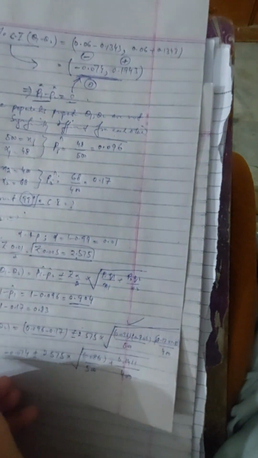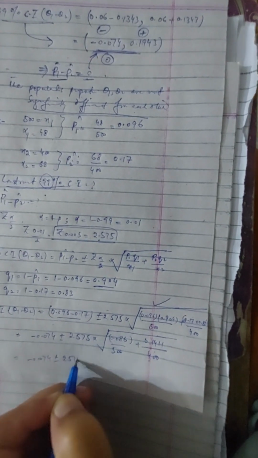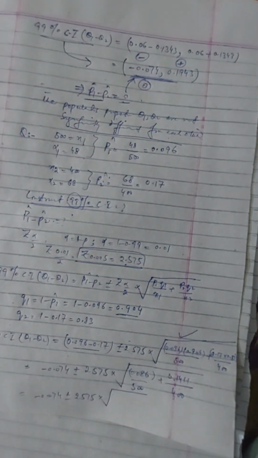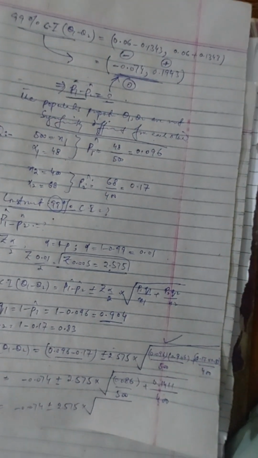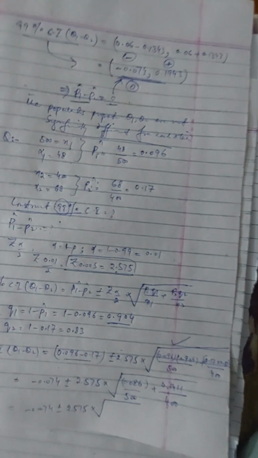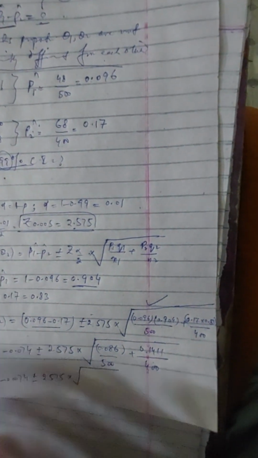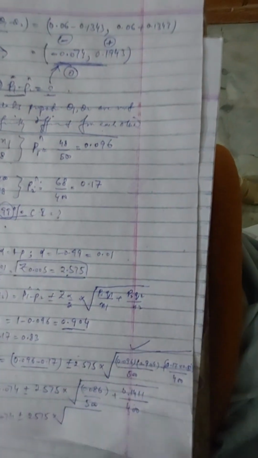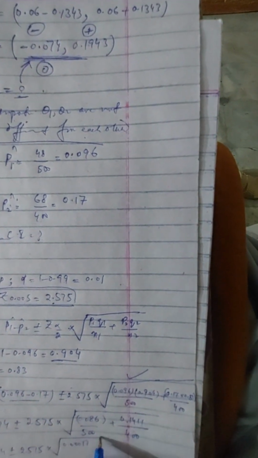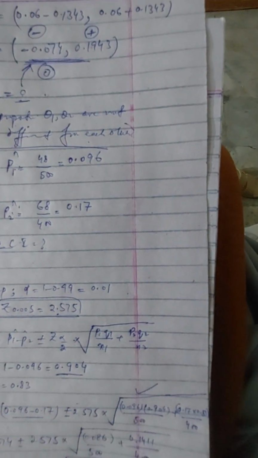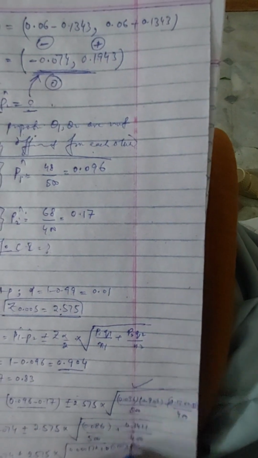Let's simplify it further to get the value: minus 0.074 plus minus 2.575 into the square root of, when these are added, 0.00017 plus 0.000353.